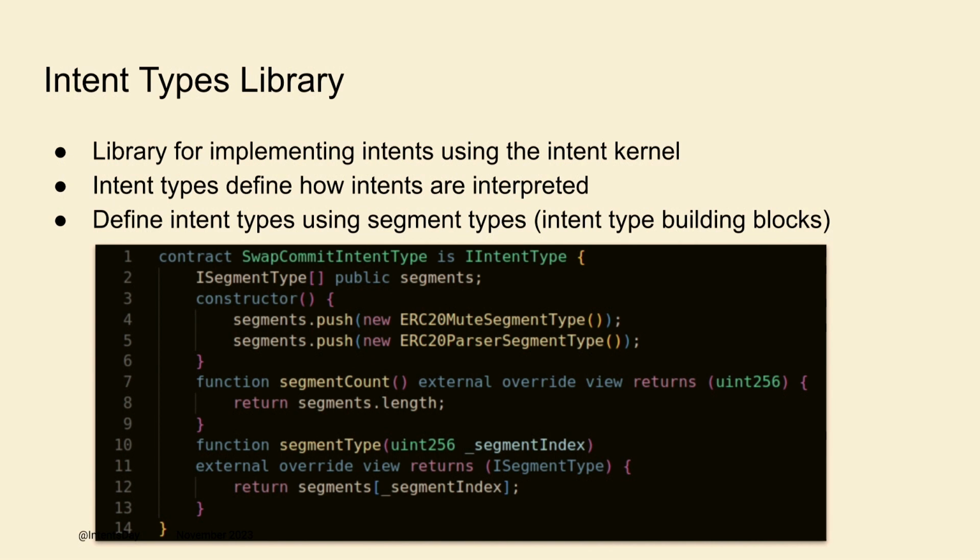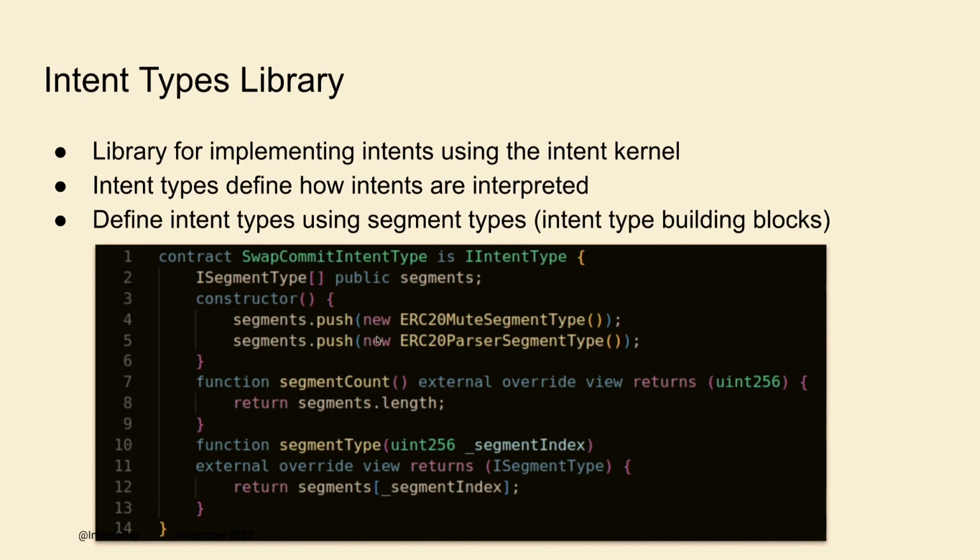So we want to have a higher level abstraction, which is why we have this intent types library we're working on. With this intent types library we can define intent types using what we call segments. You can think of the segments as being the building blocks of intent types.